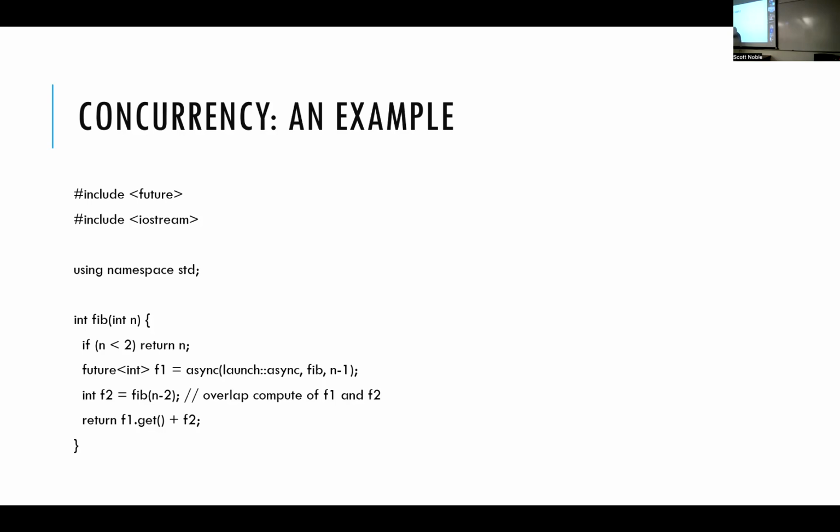And when I want to do the return, I call f1.get, which is going to block until the value is ready. Then I combine that with fib2 and return the result. In this way, I've overlapped the computation of fib n-1 and fib n-2. You can see how simple that is to code, and you can scale that up in any way you want and overlap various tasks in any way you like.